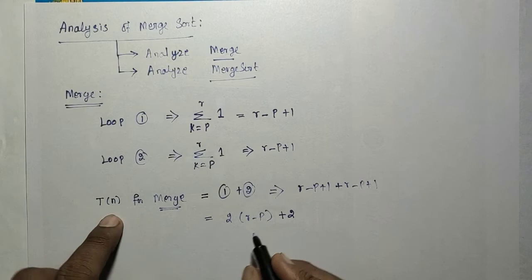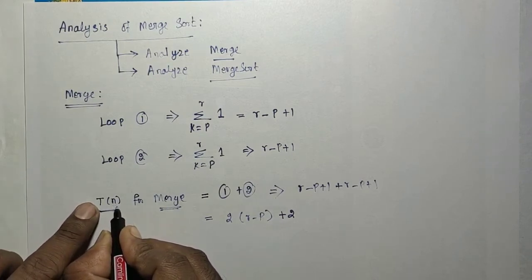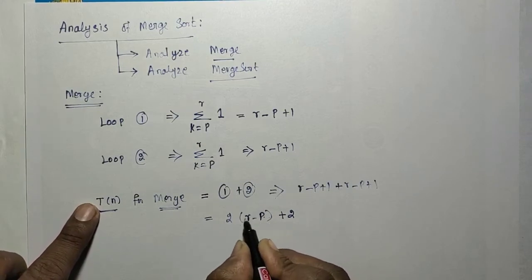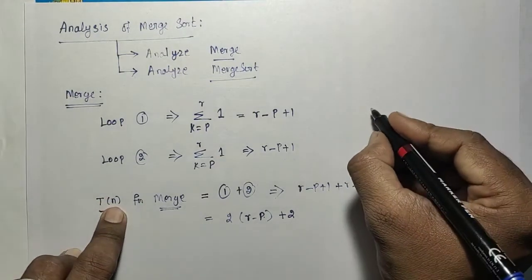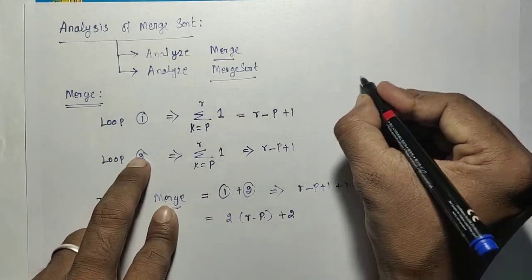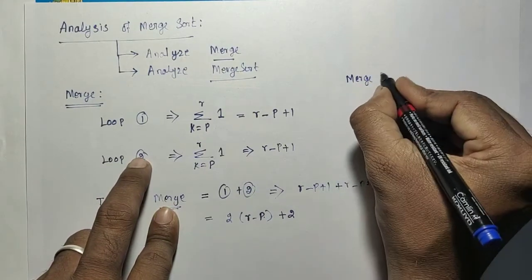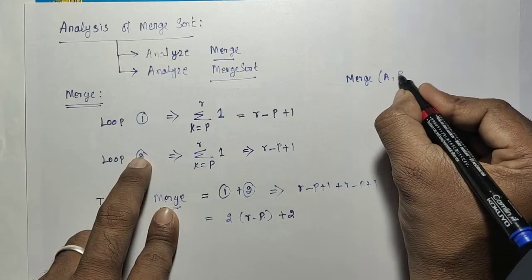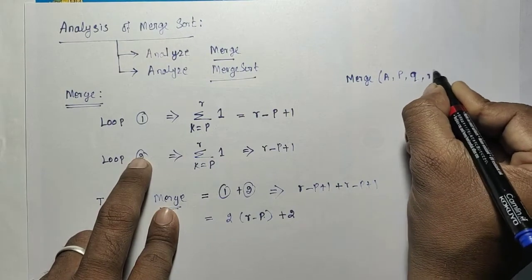Now I want to represent the time complexity in terms of n, the number of elements, but here we have r and p, so I need to represent r and p in terms of n. We have to call the merge algorithm as merge of a comma p, q and then r.